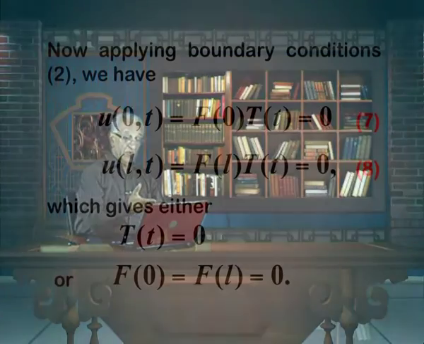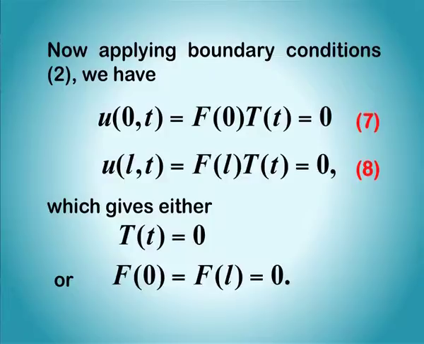We apply boundary conditions, u(0, t) is equal to 0, and the second is u(L, t) is equal to 0. We get here u(0, t) is equal to F(0)T(t) is equal to 0, and similarly equation 8. These two are obtained by boundary conditions.